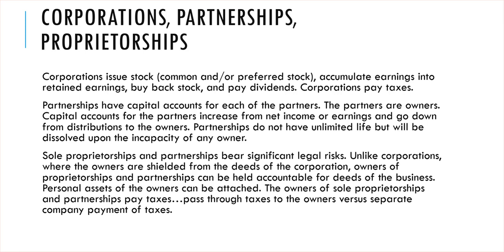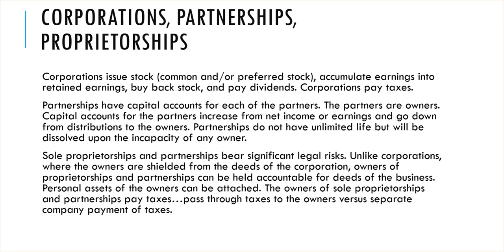Partnerships have capital accounts for the partners. They are owners, and the owners are allocated a part of the net income or earnings. Then distributions are made to the owners, which also affect the capital accounts. Partnerships do not have unlimited life. Corporations have unlimited life.